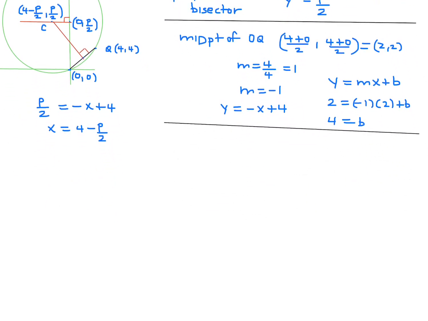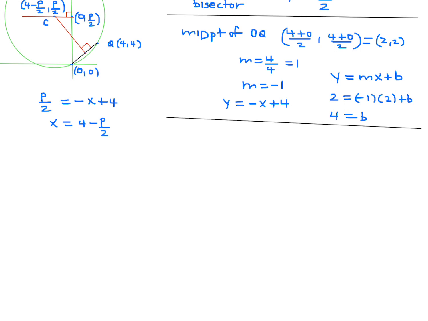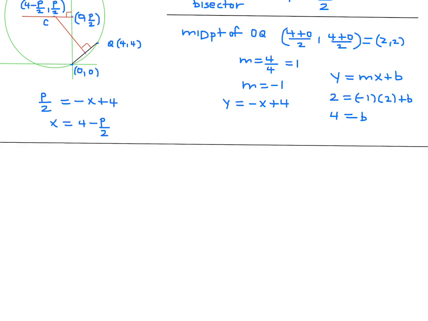Okay, so now we move on to part 2 of the question. Now what I have to do is figure out the radius of this circle. And the radius of the circle can be figured out by calculating the distance from the center to any of the points on the circle.